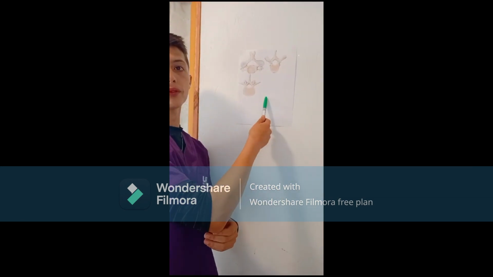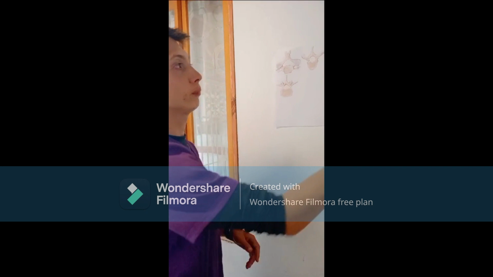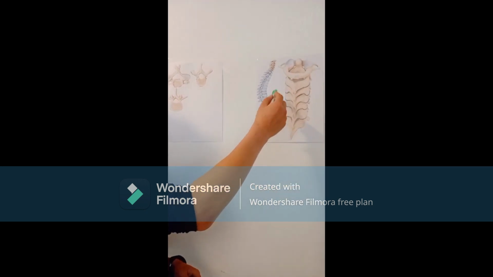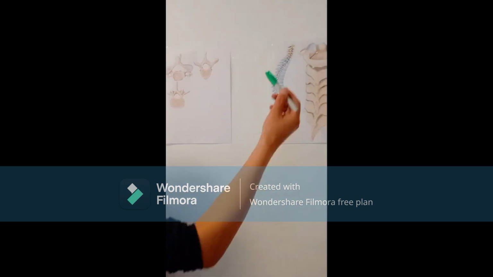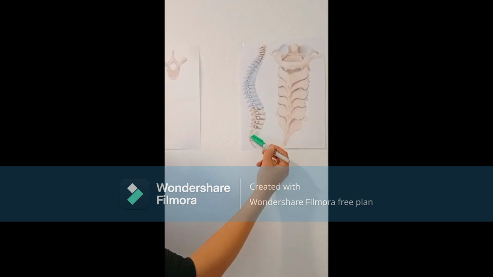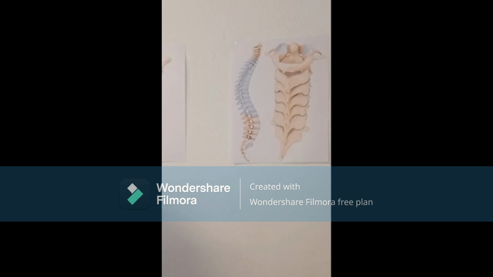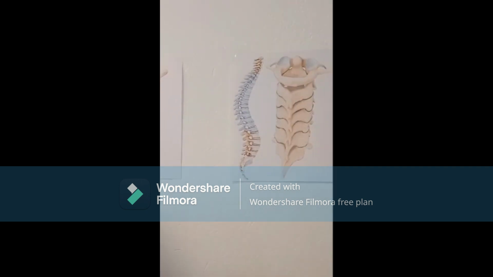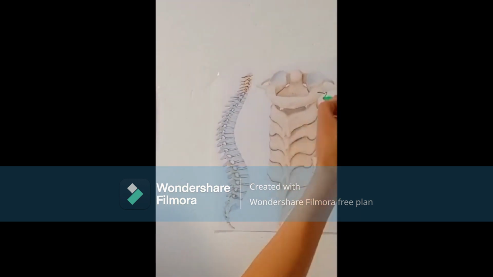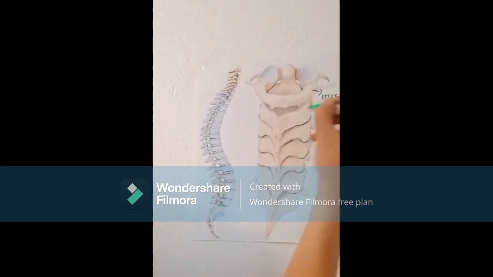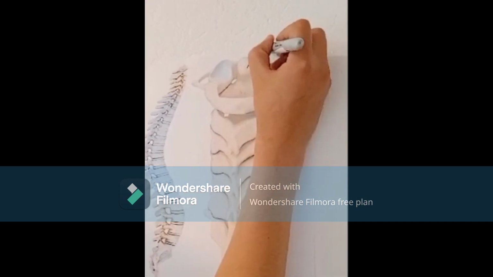We can move on to the topic of the spinal column and how many bones it has. The vertebral column has 26 vertebrae, which are divided into 4 zones. The cervical zone has 7 vertebrae, of which the first is called atlas, and the second vertebra is called axis.